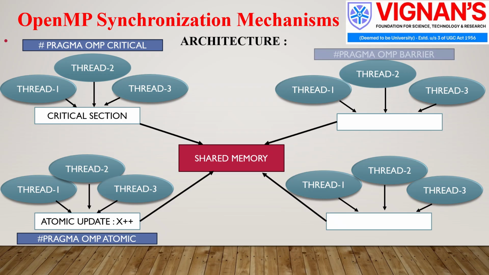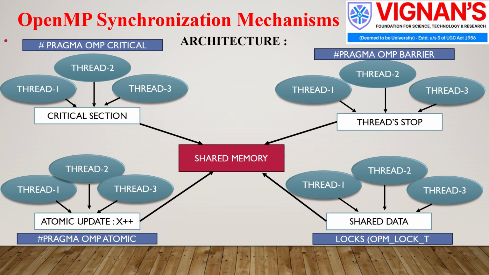On the right, #pragma omp barrier forces all threads to stop and wait until every thread reaches the same point. This ensures that all threads complete a phase before moving forward. At the bottom right, OpenMP locks, such as omp_lock_t, provide explicit control over access to shared data. Together, critical sections, atomic operations, barriers, and locks ensure correct and safe parallel execution in OpenMP.